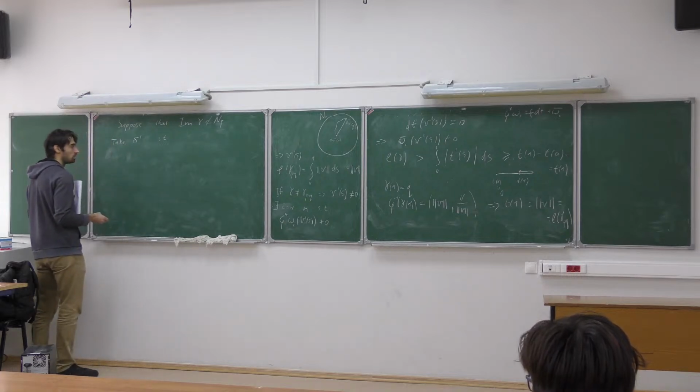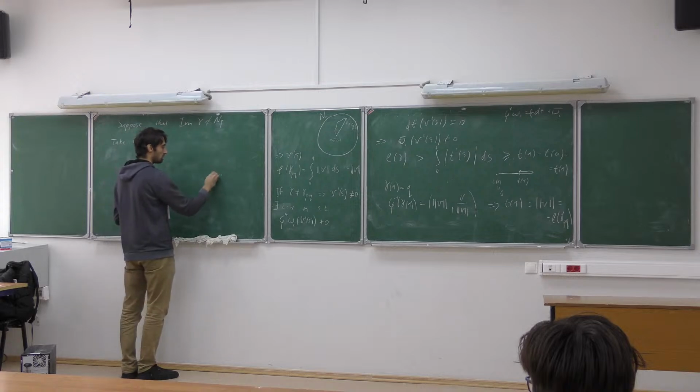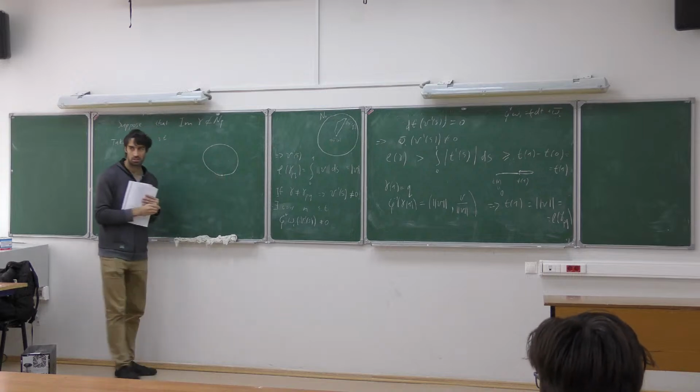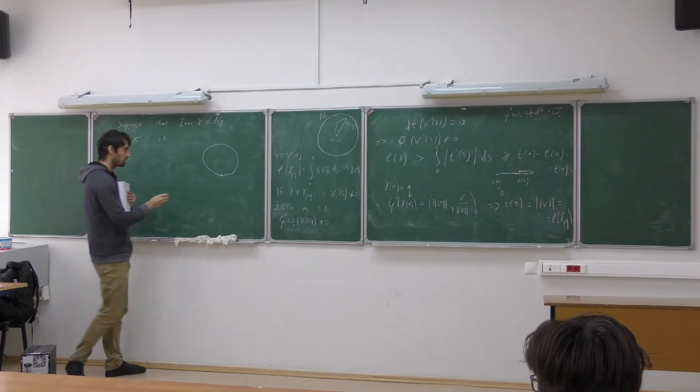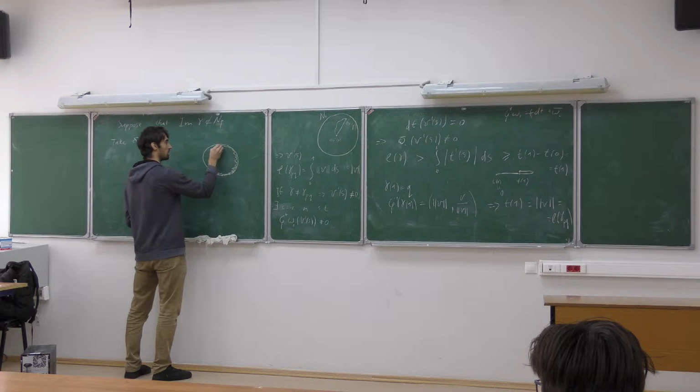Because I don't know, on a sphere, right? So suppose I'm on a sphere, and I can consider the following, or even maybe a circle, right? And I can consider a neighborhood which is just given by this.